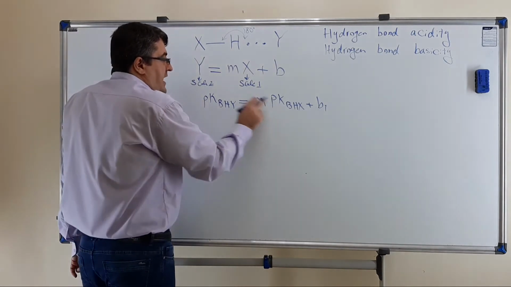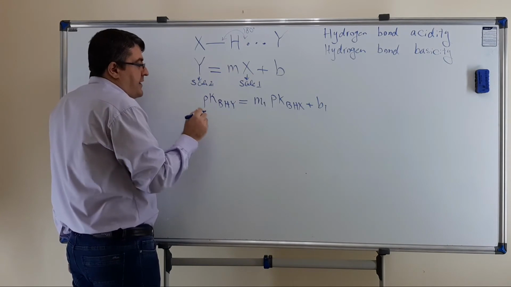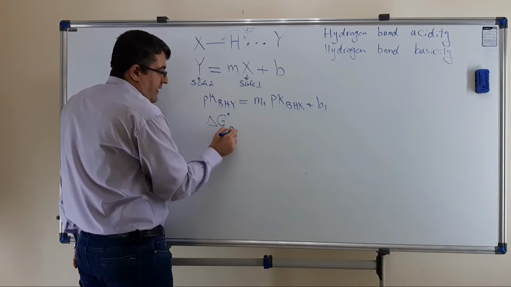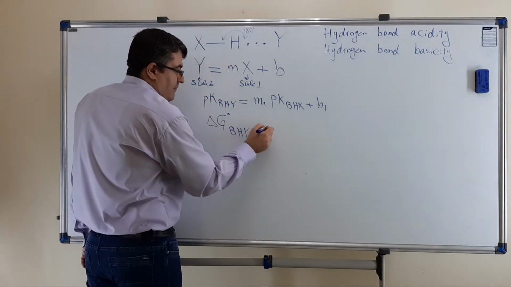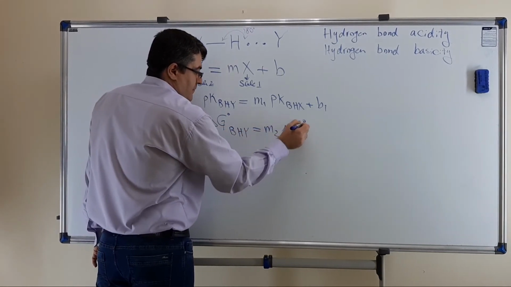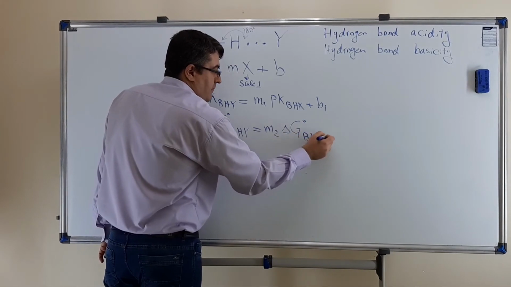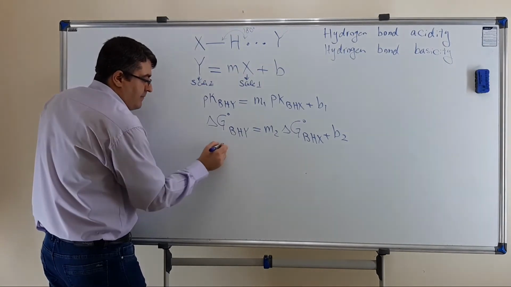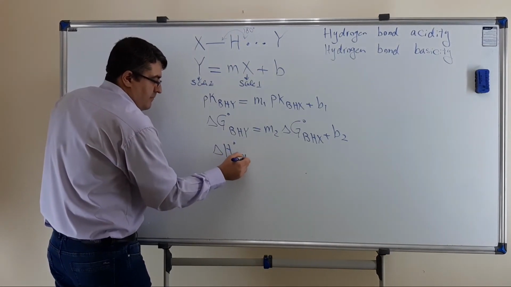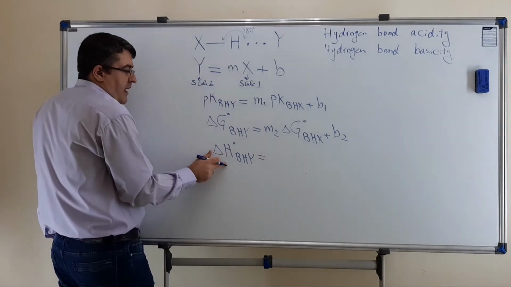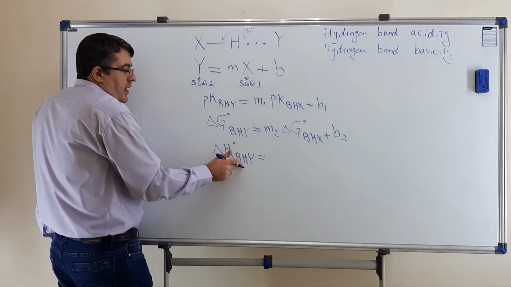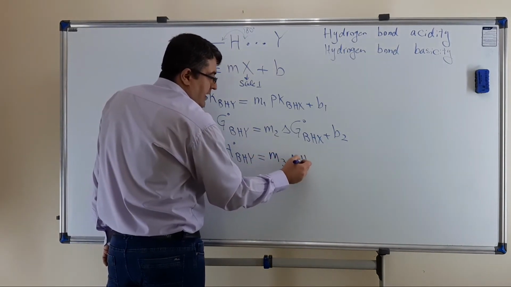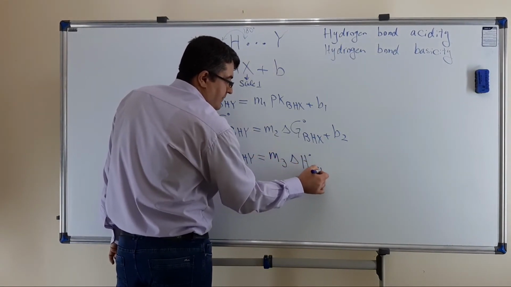Instead of pKs, we may consider Gibbs energies. For example, this way. Or we may consider enthalpies, the affinity towards HY compared to the affinity towards HX.